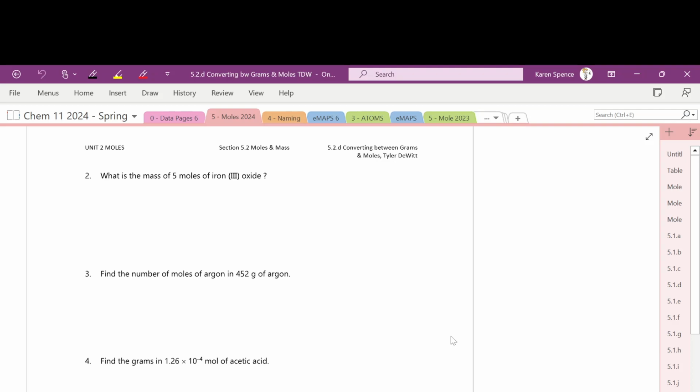Go from atoms to formula units. And the formula unit is big.